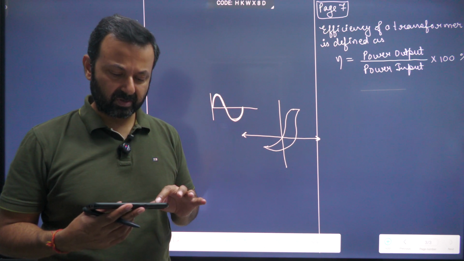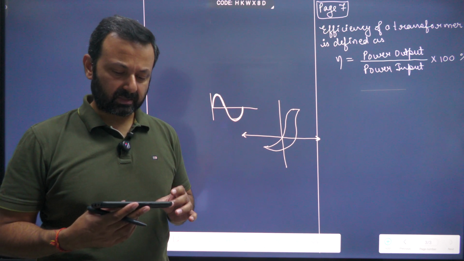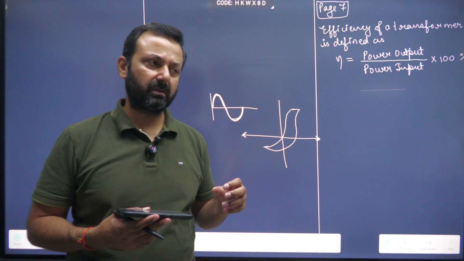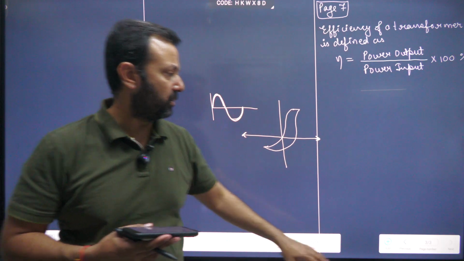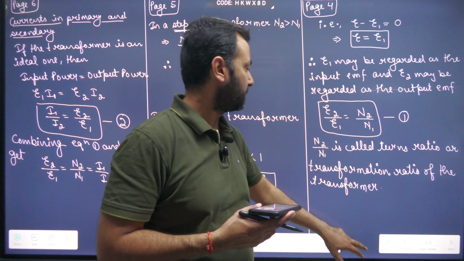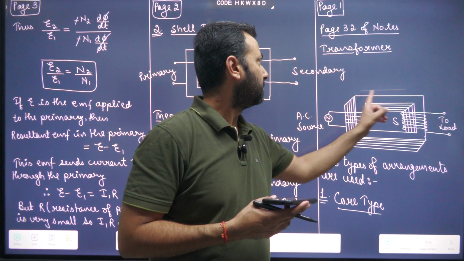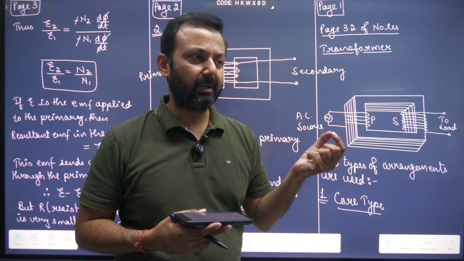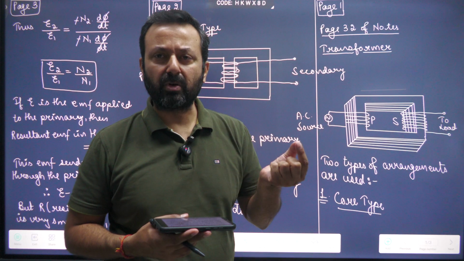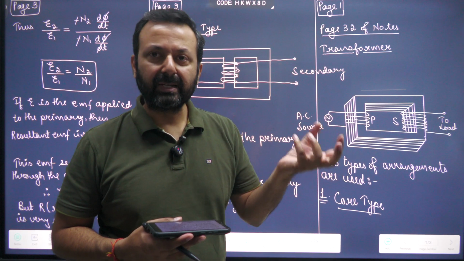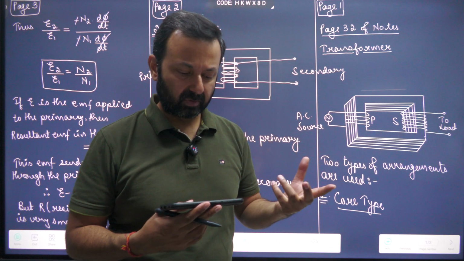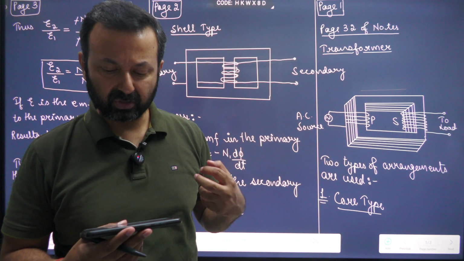Fifth type of loss is humming loss. As the transformer works, its core lengthens and shortens. This is called the core of the transformer. Although its length increases by a very small amount, it lengthens and shortens, lengthens and shortens.